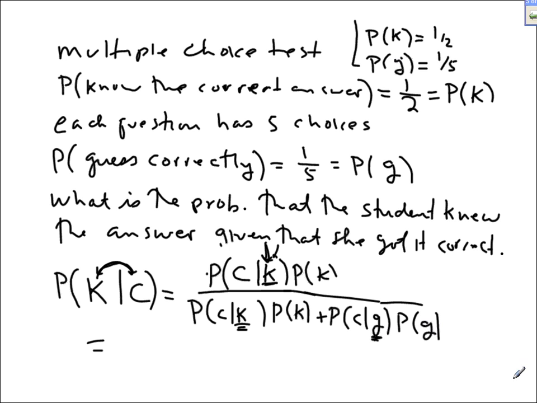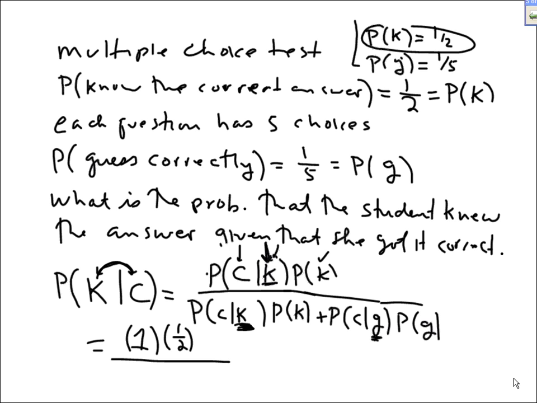Okay. Given that you know the answer, what's the probability you get it correct? 1. You're guaranteed to get it right. What's the probability that you do know it? 1/2. On the bottom, given that you know it, what's the probability you get it correct? Well, that's the one we just did. It's 1.